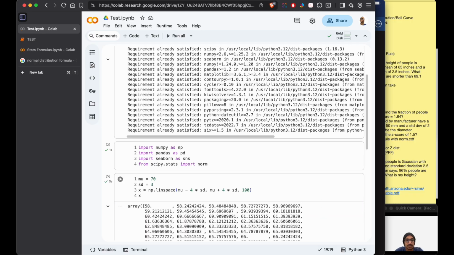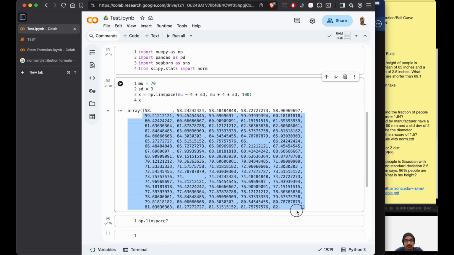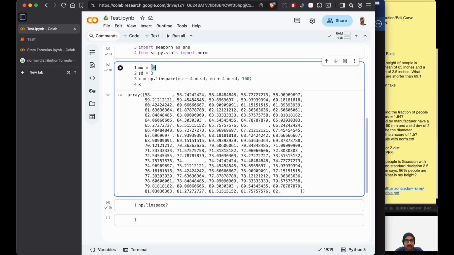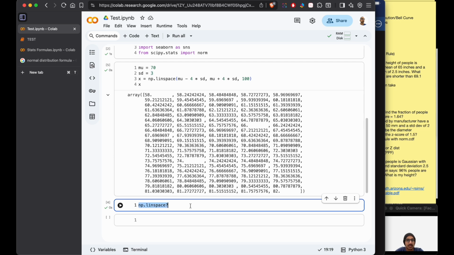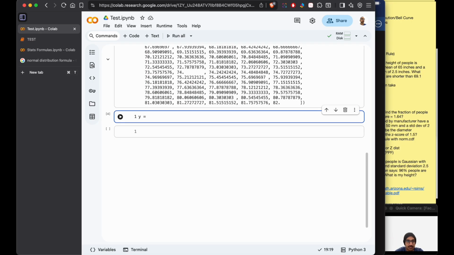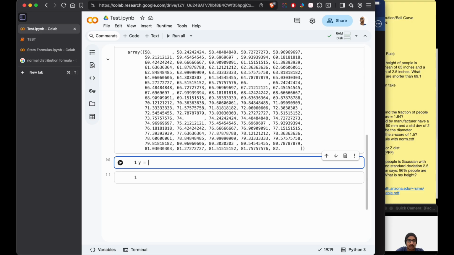If you see this, it will generate these 100 samples, and our mu is 70, right? So 4 times the standard deviation is 12. So 70 minus 12 is around 58, and 70 plus 12 is around 82. Within this range we are taking about 100 values. That will be my x value, and for my y value I'll compute the probabilities under this curve using the PDF, norm.pdf.